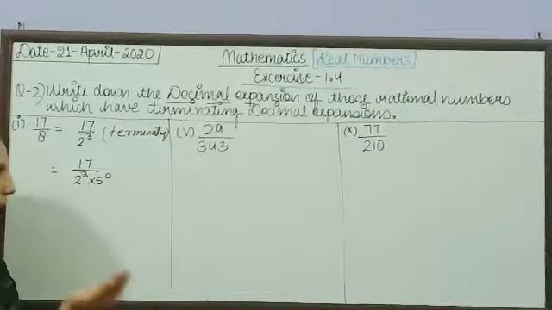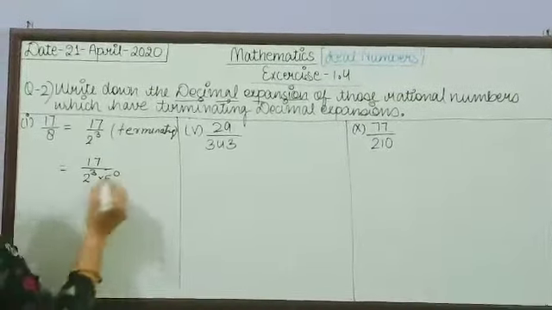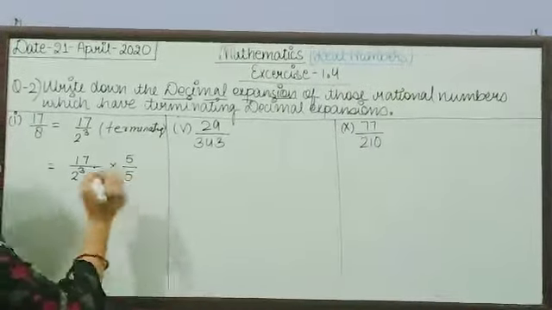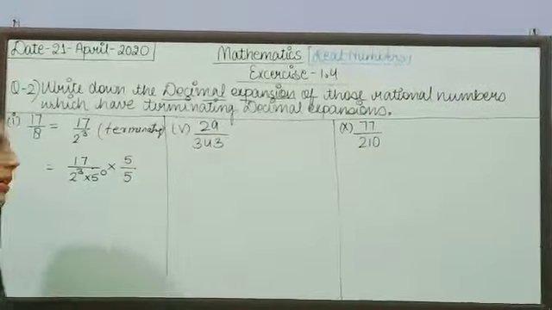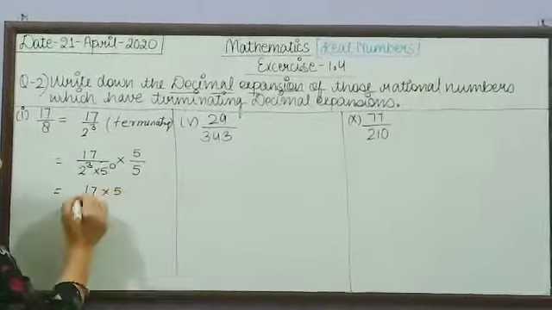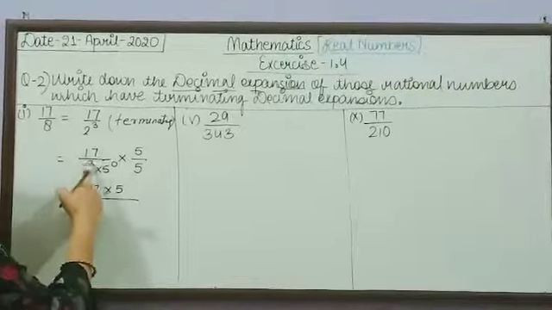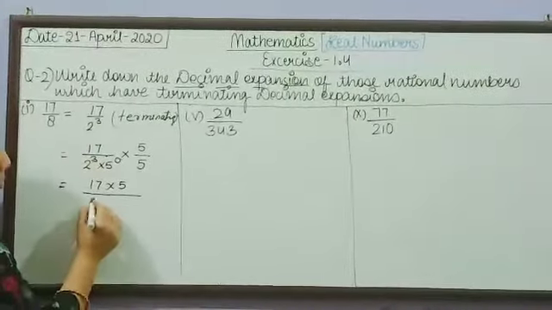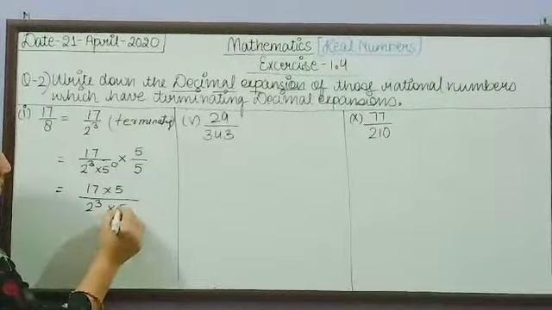For that purpose, we multiply by 5 in numerator and 5 in denominator. So we get 17 into 5 upon 2 raised to the power 3 into 5, as 5 raised to the power 0 is 1.